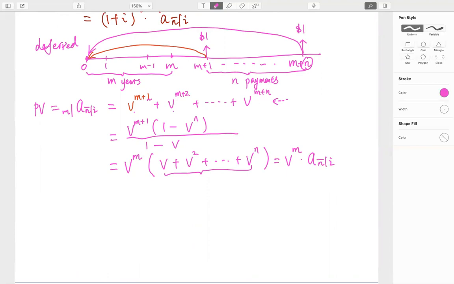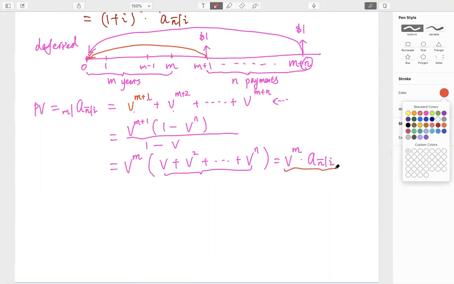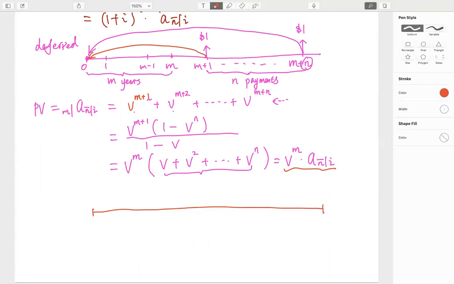Okay, this is because if you think about it, I need to introduce a new timeline. Let me draw it here, to help you understand why this is the correct formula. Remember, we used to have this.